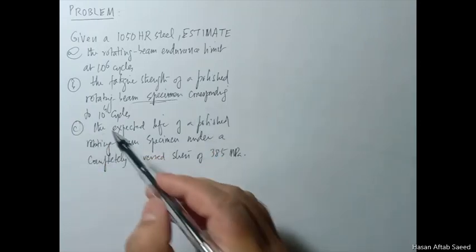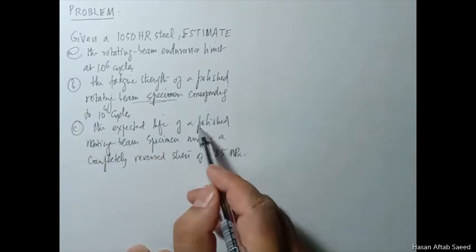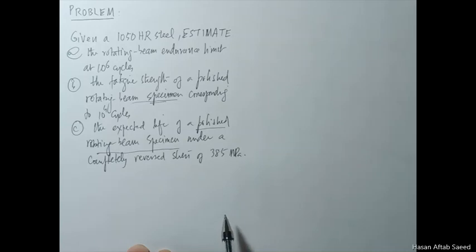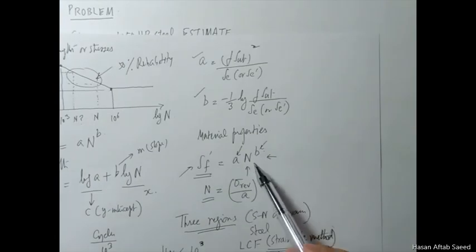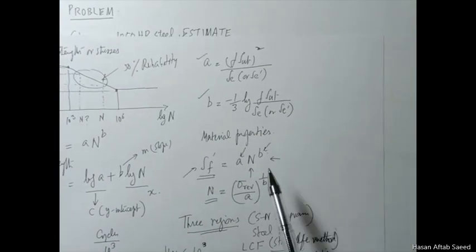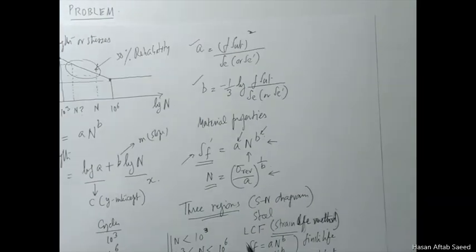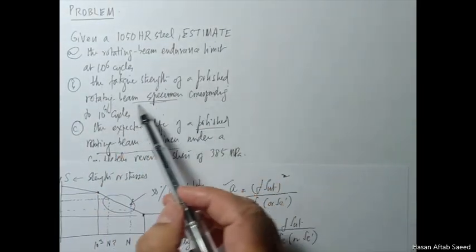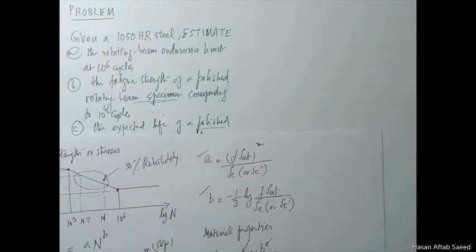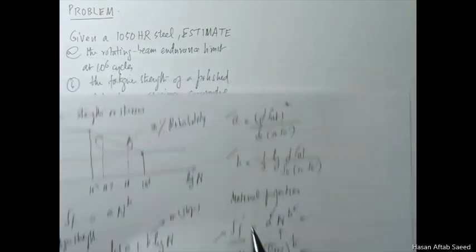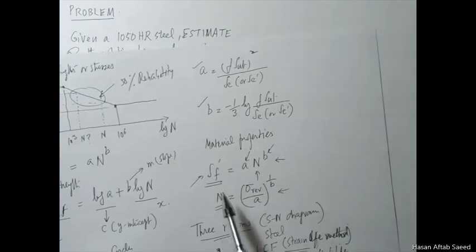Part C, the expected life of a polished rotating beam specimen. We are still talking about prime values, under a completely reversed stress of 385 MPa. So essentially, we are required to use these two equations. First of all, we need to find the endurance limit, which is very easy to find out. After that, for 10 raised to 4 cycles, what will be the fatigue strength?